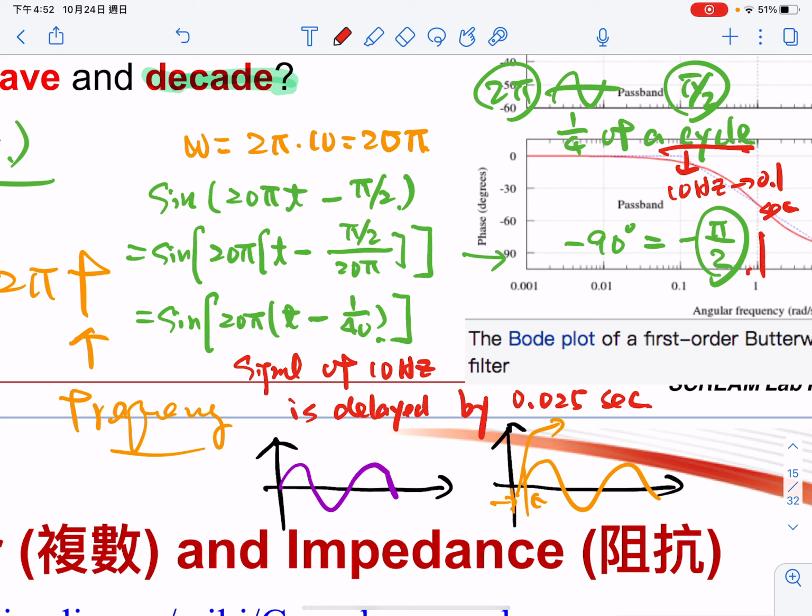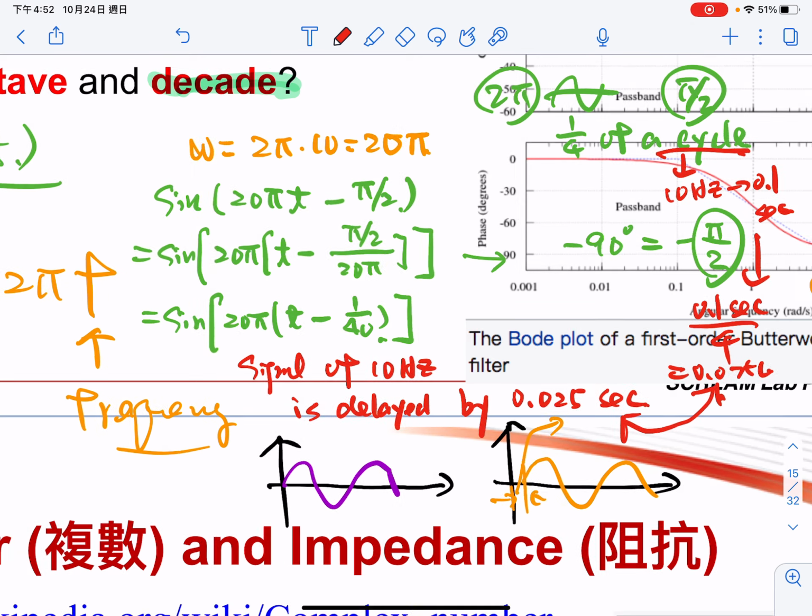So the delay will be 0.1 second divided by 4, which is 0.025 seconds. So these are the same. So this is the phase difference, meaning that a filter can also alter the signal in this way. It delays a signal of 10 hertz by 0.025 seconds. Okay, this is the phase response.